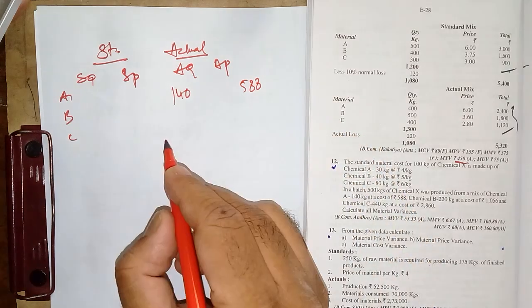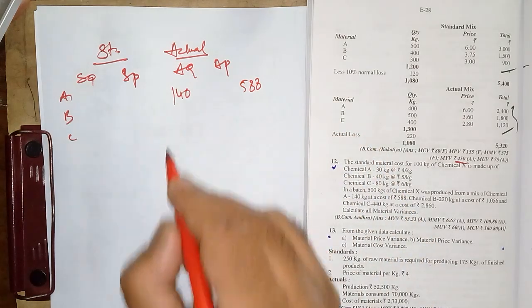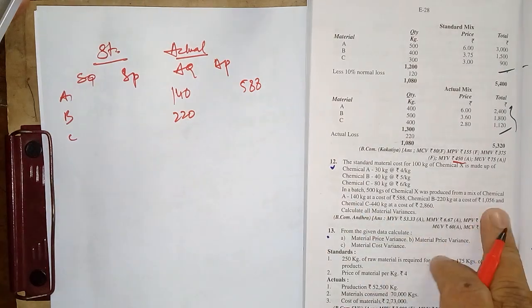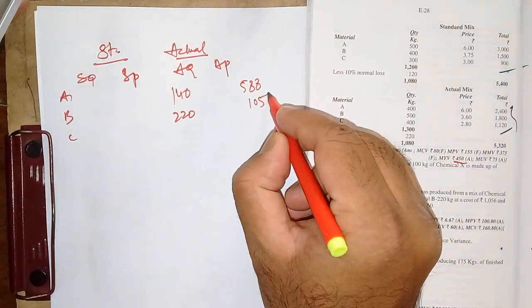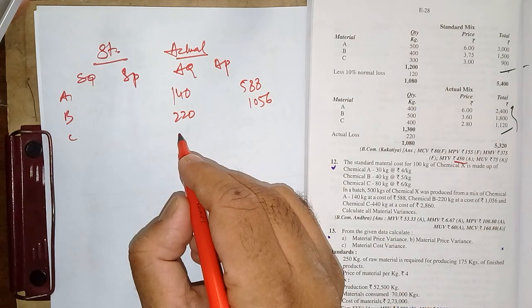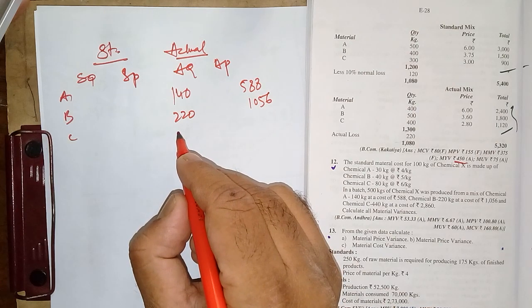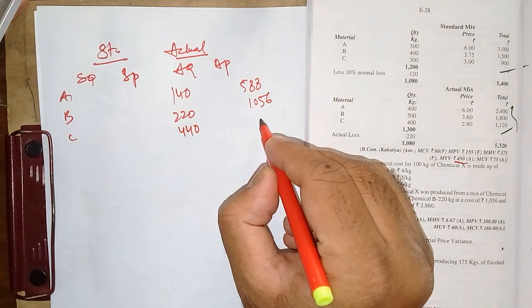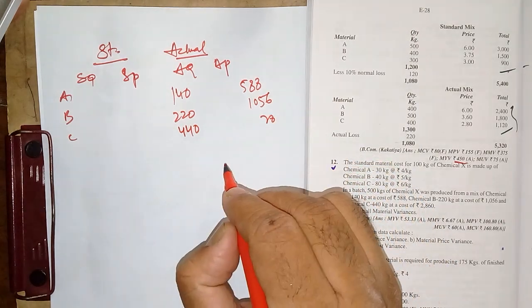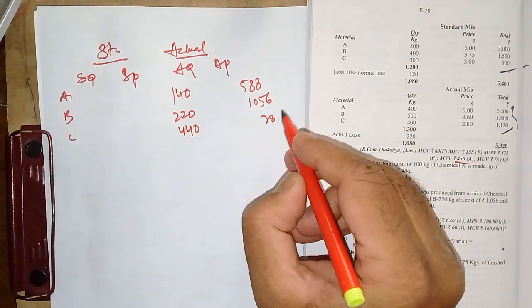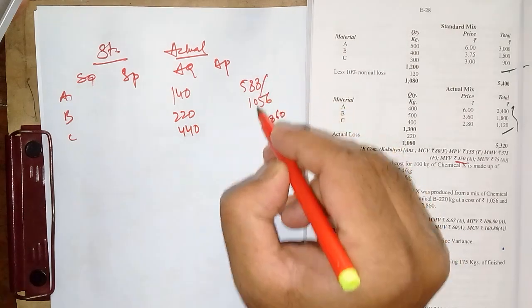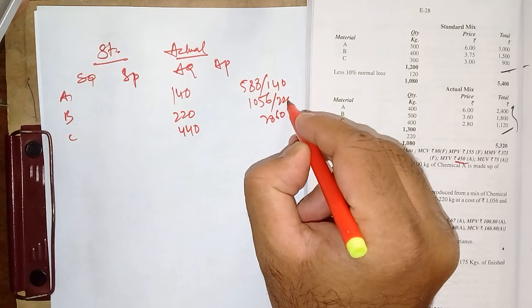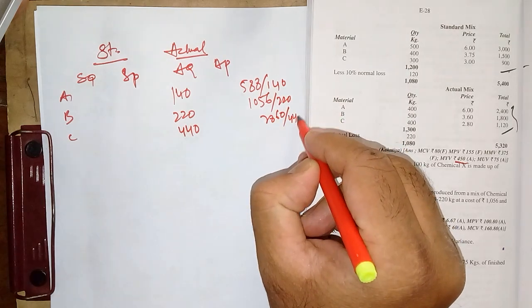I'll make per unit later. Then B is 220 kgs, that is 1056, and C is 440 kgs, that is 2860.